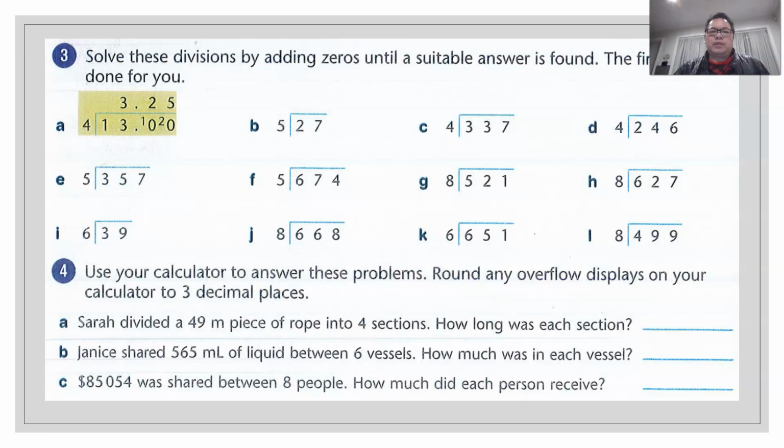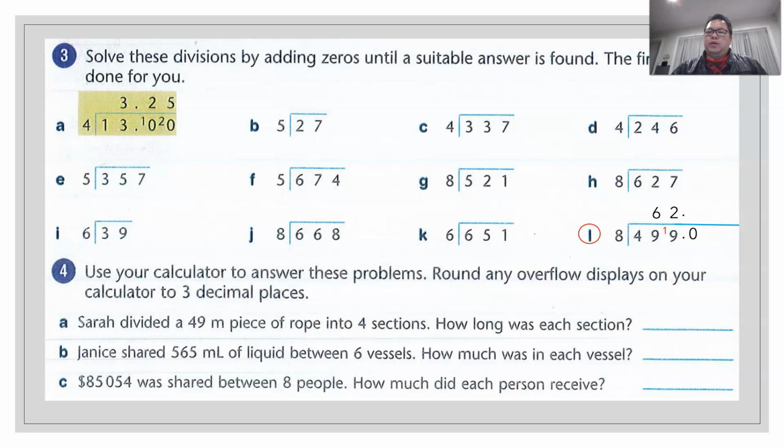And for the next one, you are supposed to get an exact answer. Using L as an example, 499 divided by 8. 49 divided by 8 is 6. Remainder is 1. 19 divided by 8 is 2. Now we have to add the decimal. Remember, align decimal with decimal, extend the line, and then introduce a 0.